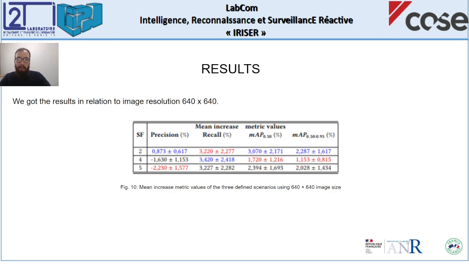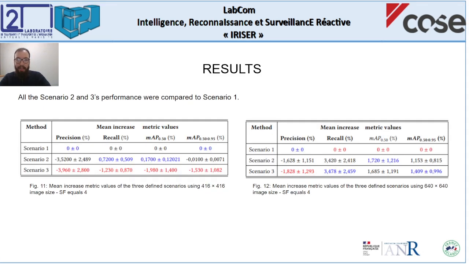So the first result we've observed is that we got a small increase in the mean precision for the scale factor equal to 2, but we got an increase in the mean average precision for different intervals of values. We can also observe an increase in the recall for different scenarios.